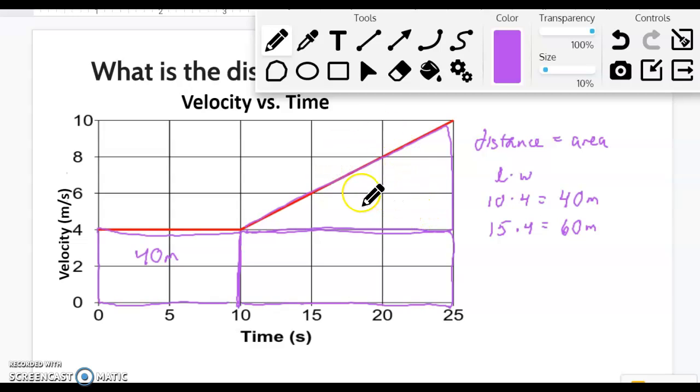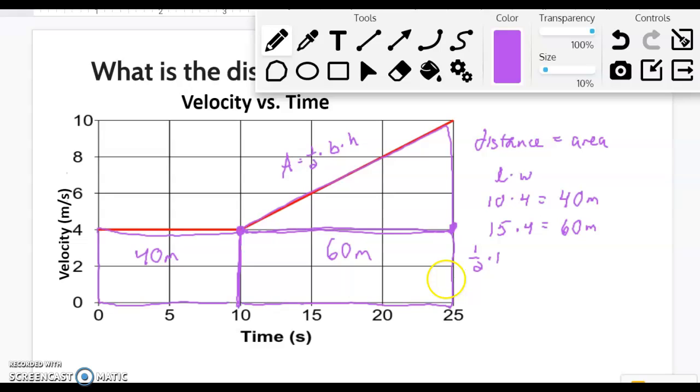For this triangle, though, we have to do something a little different because area for a triangle is 1/2 times the base times the height. So I have to use 1/2 times the base. This one also, it's not 25. It starts at 10 and it goes to 25.